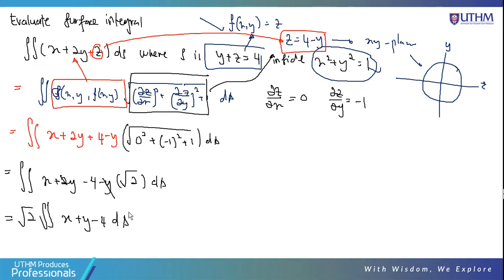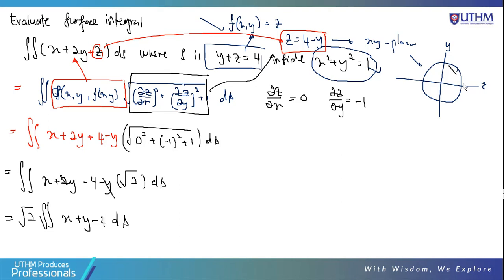So now the next step is you need to look for the dA. So dA you can get from the projection in the xy plane. So in the xy plane, this one is the projection, and then you can look at the circle. Okay, you look at the circle.